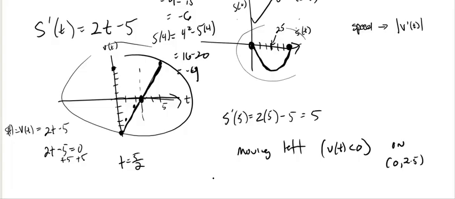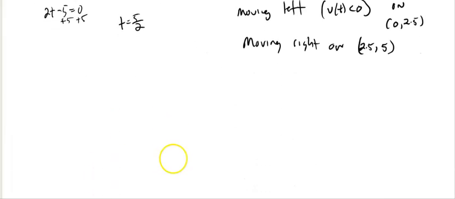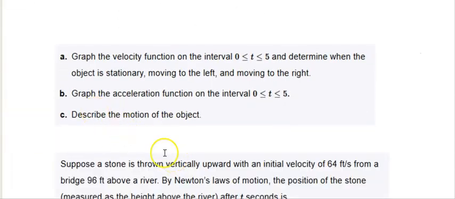Then the velocity function goes positive, which means it's moving right on 2.5 to 5. And the object stops when the velocity is 0. So it goes back, stops, we didn't find out what point that was, and then it starts going that way. What other questions are we going to look at? This is similar to a homework problem.